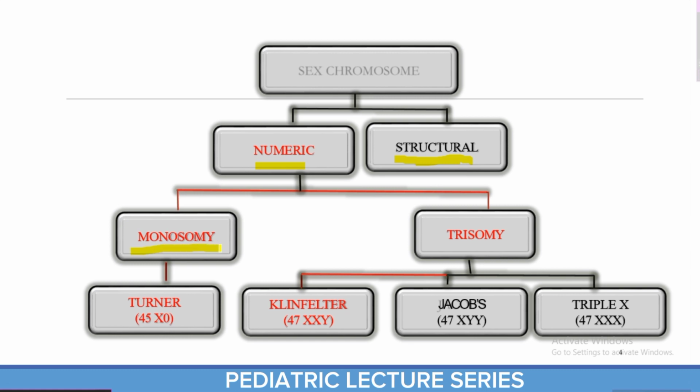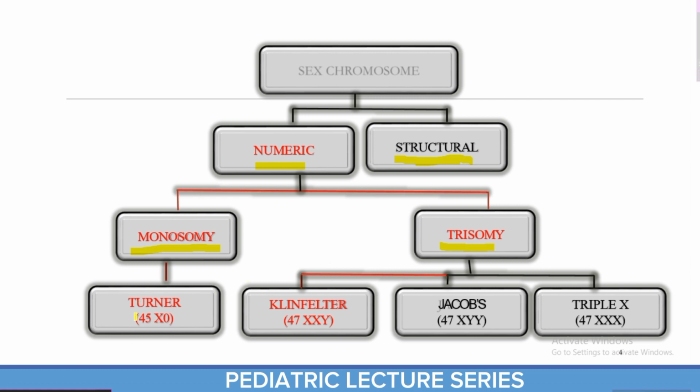Mono means one, and it means that there is only one chromosome instead of having a pair of the sex chromosomes. Then trisomy, tri means three, therefore you're having three chromosomes instead of the normal pair of chromosomes.